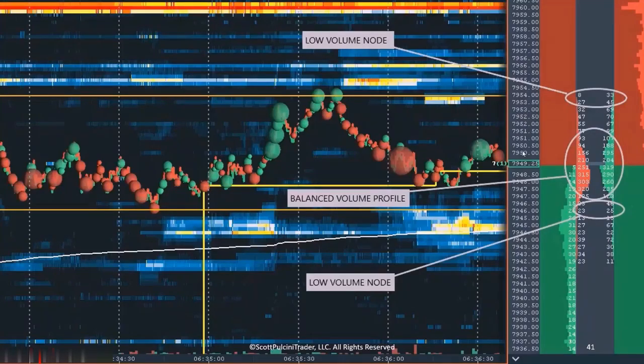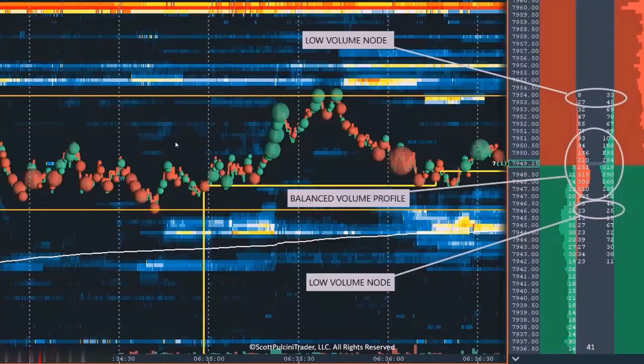Here we've got the 50, we've got our 45, 46 level around here, the 45, 46 area. You've got the VWAP down here, and this balanced volume profile.